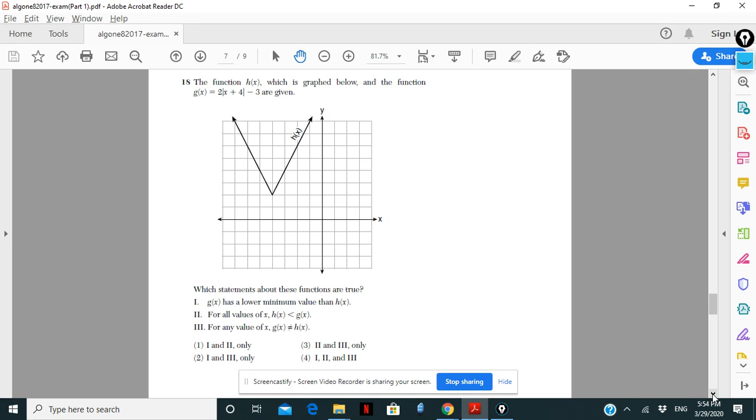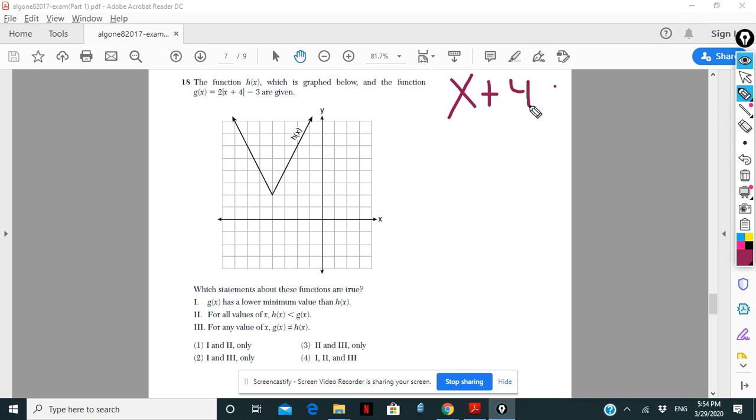Which statement is correct? So before doing that, I have to graph the function. I said x plus 4 equal to 0, so x equals negative 4. So the vertex here is negative 4 and negative 3.